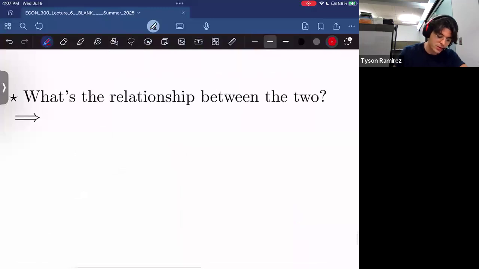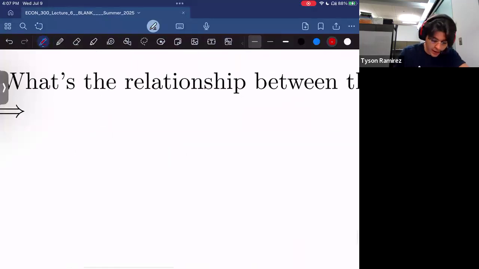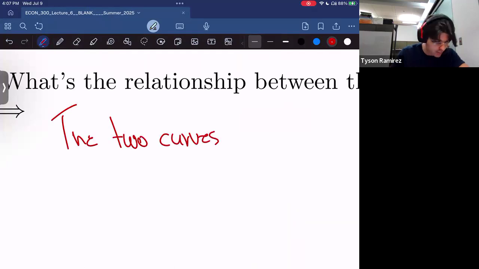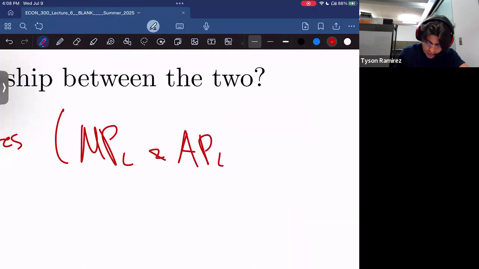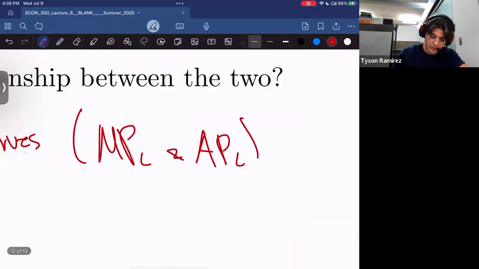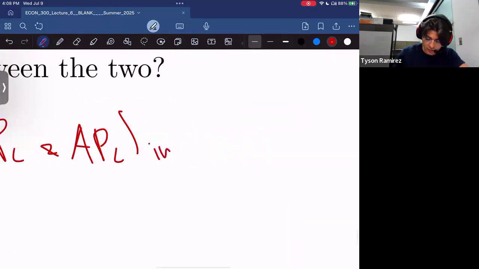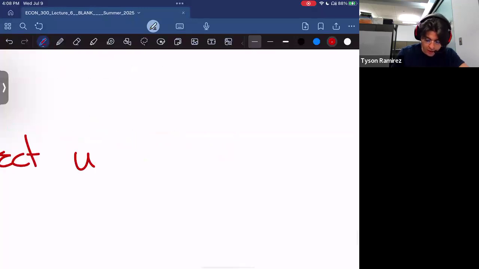So what's the relationship between the two? The two curves, MPL and APL, intersect when average product is at its max.